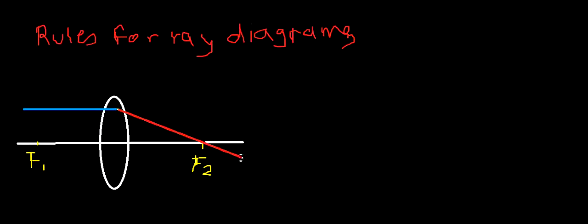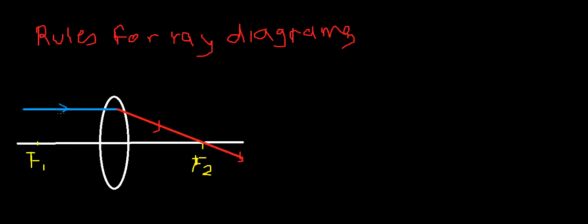So when you are drawing the diagram, it should not happen that the incident ray is parallel and yet goes parallel. No, it should not happen like that. This is the direction of the ray. So these arrows that I have shown are also necessary when you draw diagrams for your exams. It indicates that my ray is going in this direction.